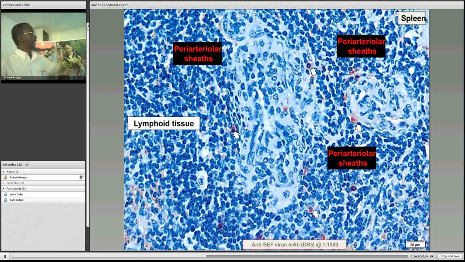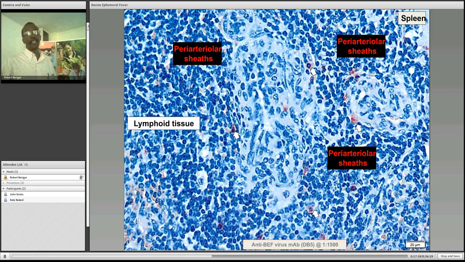This is another area of the spleen towards the center. All you are seeing, these blue cells, are lymphocytes, and lymphocytes are so crucial in mounting immune responses. This is where you have the CD4 cells, the CD8 cells, and so forth. And there are these small blood vessels, and just around them you could see these cells, which morphologically are consistent with macrophages, containing viral protein.